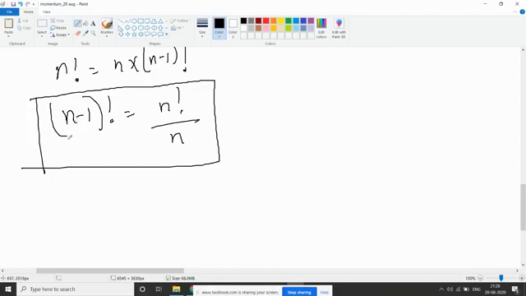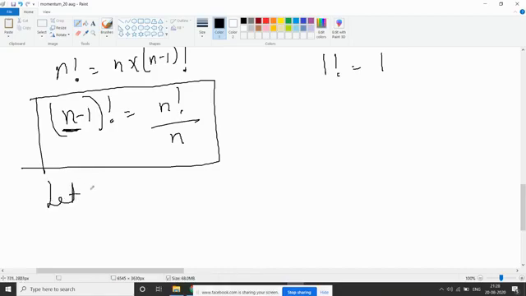And using this formula, we can prove what the value of 0 factorial is. We know that 1 factorial is obviously 1. So what will be the value of 0 factorial? To get 0 factorial, we need to substitute 1 here. Then 1 minus 1 will be 0, right?